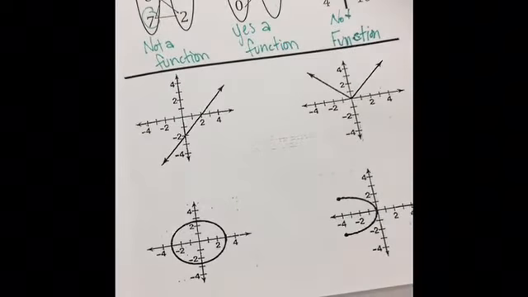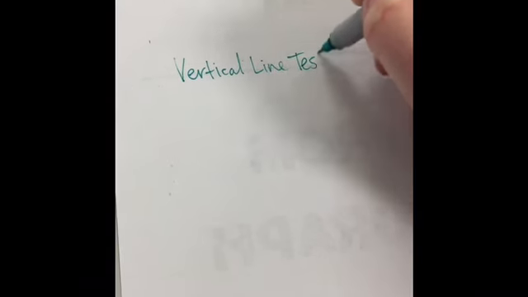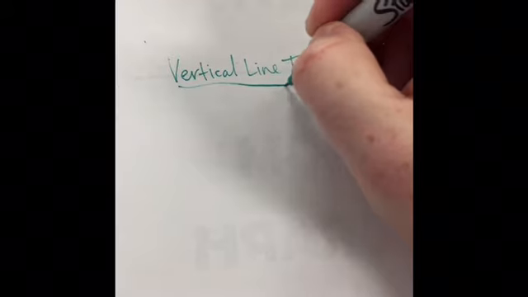My paper's moving. All right, if we look at graphs and we want to see if a graph is a function or not, we can do a vertical line test, so we're going to write about it. So write down vertical line test. All right, and what this means is that we're going to go across our graph.